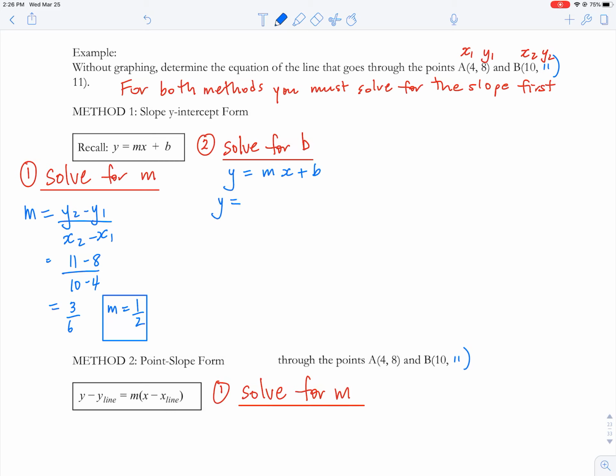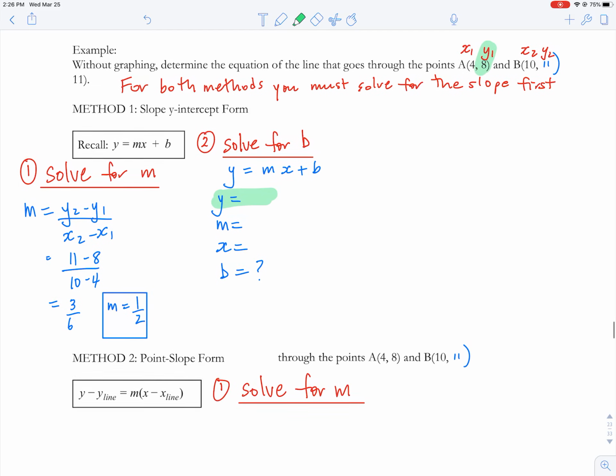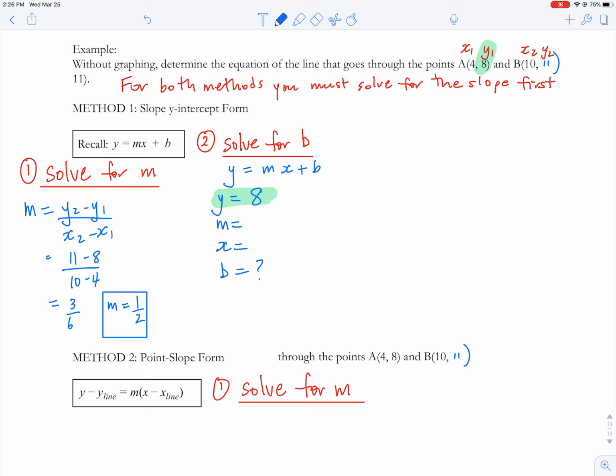We're going to write down what y equals, what m equals, what x equals, and b is going to be the question mark. You can pick either point. I'm going to take y from point A, so y is 8. x I'm also going to take from there, so x is 4. The slope we solved for before, that was 1/2, and we're going to try and solve for b.